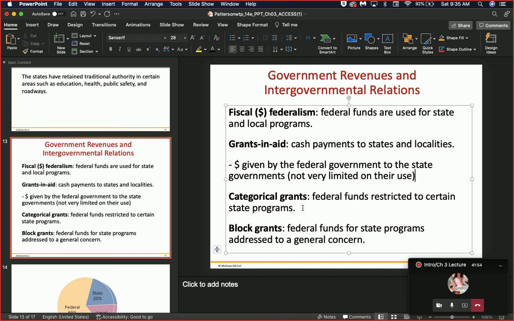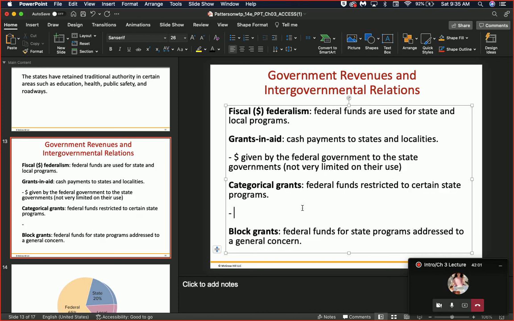Categorical grants. These are federal funds that are restricted to a certain state program, okay? So this is money given to a state government for a specific purpose. Okay, so for example, Medicaid.